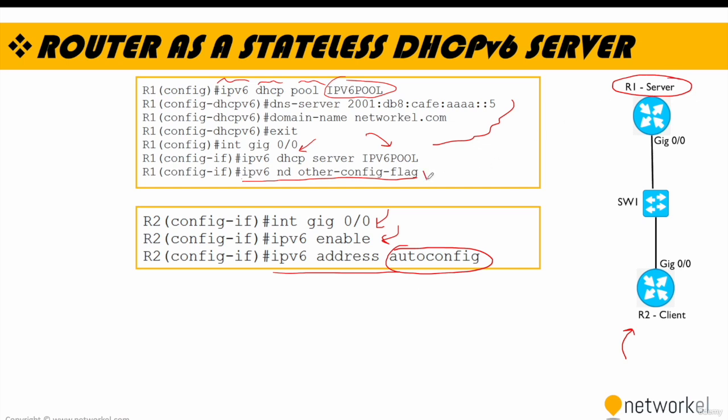And here, as we discussed, the rest of the configuration, for example the gateway, etc., needs to be received from the DHCP version 6 server, as there is an ND other config flag configured in here.